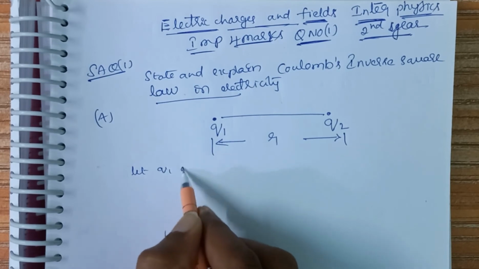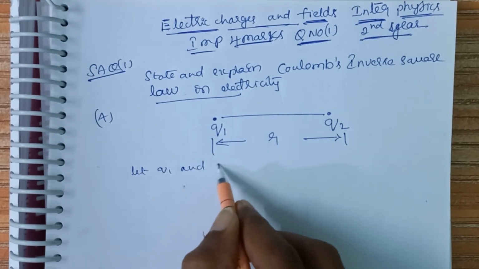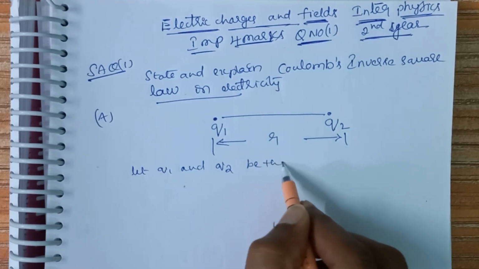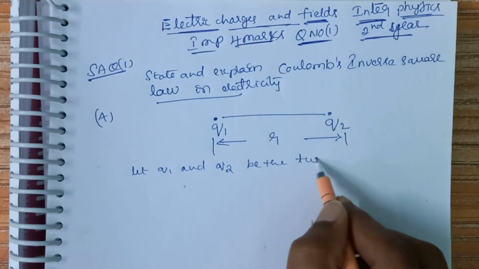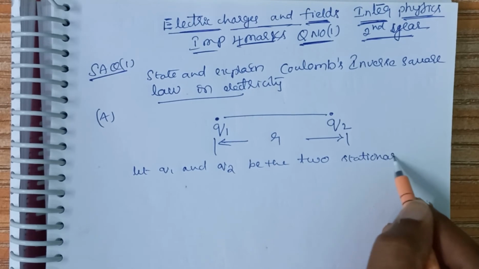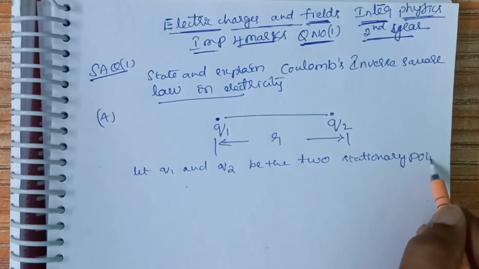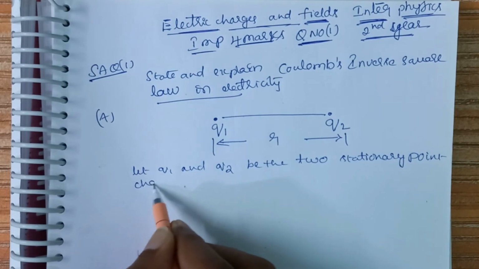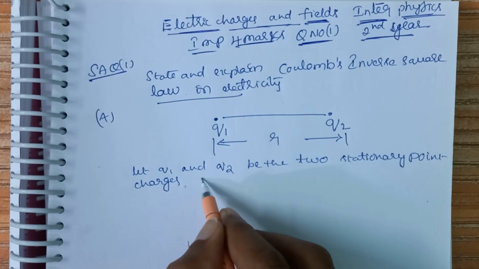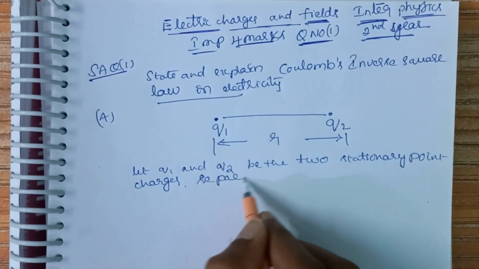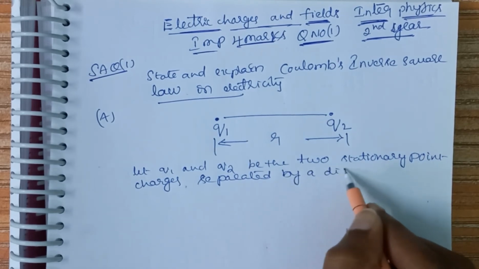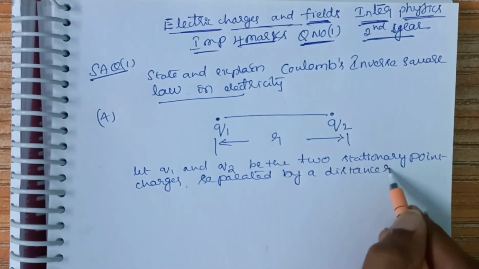Let Q1 and Q2 be the two stationary point charges separated by a distance r.